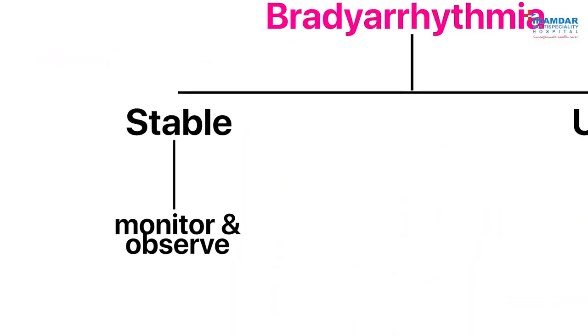You don't have to go for atropine, because the cause may be that he is an athletic person or on some beta blocker, so you have to find out the causes and treat accordingly.